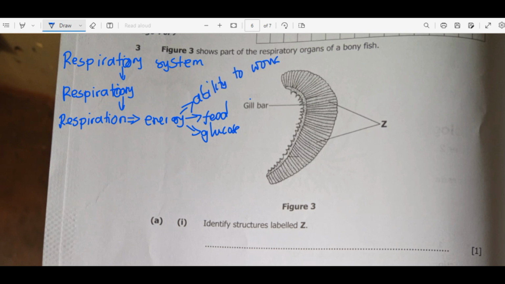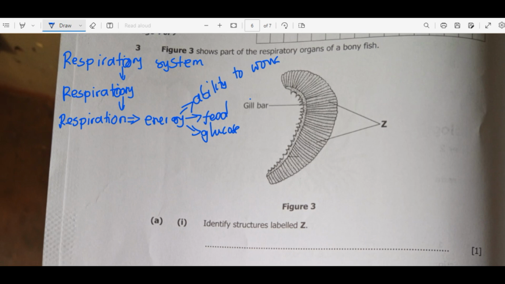The cells that we have do work, so for the cells to do work, energy must be there. That energy comes from glucose, and for glucose to produce that energy, there should be respiration. So one of the importances of respiration is the production of energy, because we need that energy to do work and to have life.